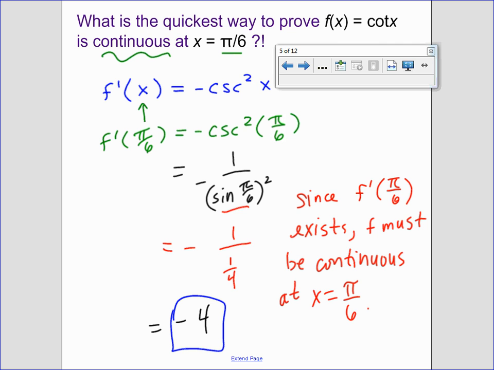So our statement then: we've shown that since f prime of pi over 6 exists, then f must be continuous at x equals pi over 6 because differentiability implies continuity.